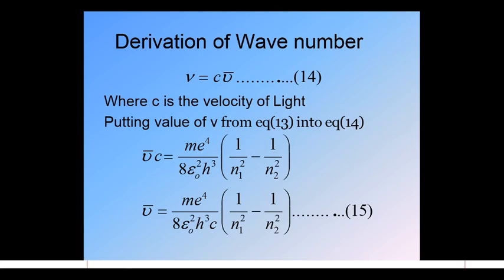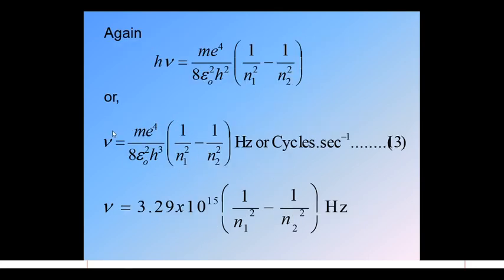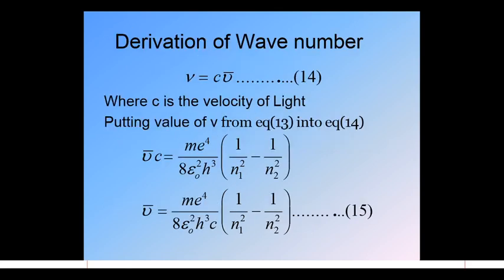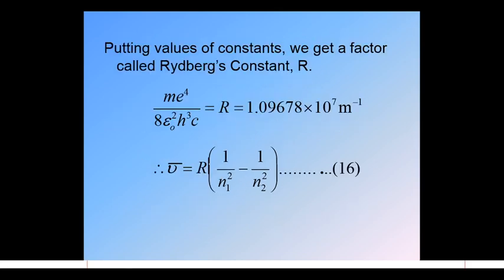Now from this you can calculate the wave number also. Frequency is equal to C into wave number, so you can substitute nu as C into nu bar and find the expression for nu bar. I repeat, here we got an expression for nu, and nu is related to nu bar, the wave number, as C into nu bar. Nu bar is the wave number, which is equal to 1 by lambda.